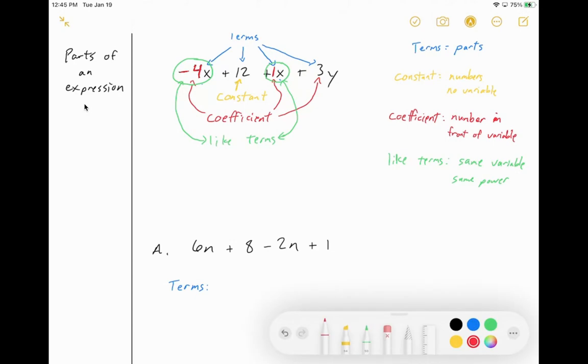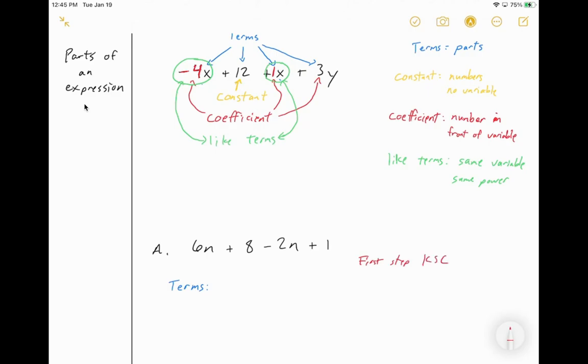The main thing is because I don't know if that's a negative 2 or if that's minus a regular 2, so let's do keep switch change. So our first step will be keep, switch, and change. So 6n plus 8. Okay, here we go. So plus a negative 2n. Okay, so I change this to adding a negative. Plus 1.